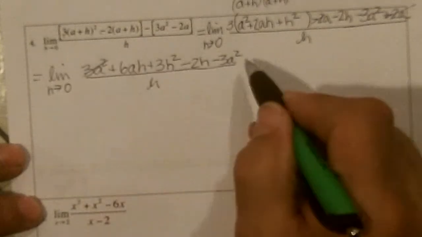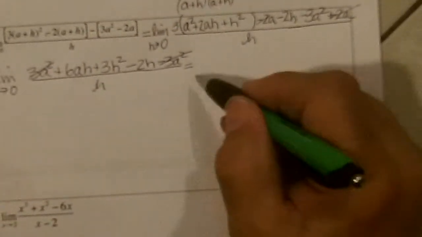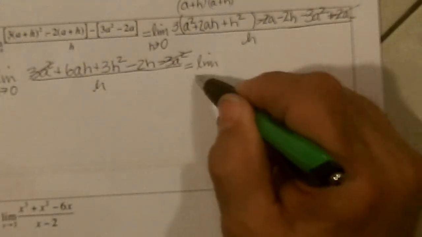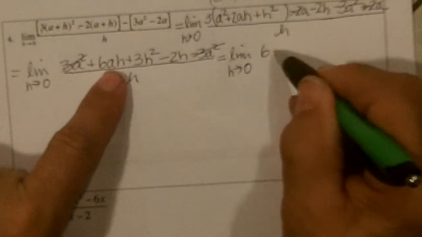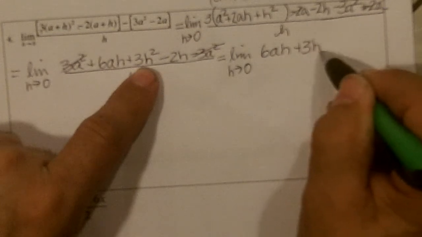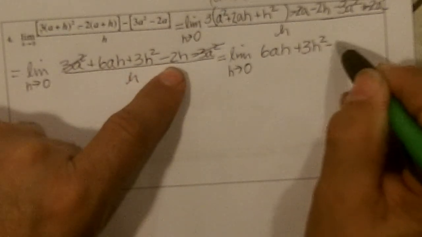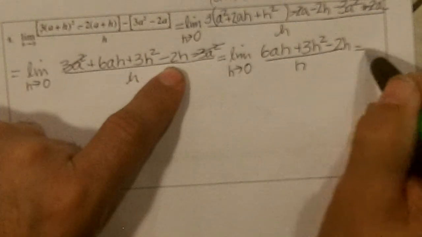And the 3a squared and the minus 3a squared cancel, and we get the limit as h approaches 0 of 6ah plus 3h squared minus 2h over h.